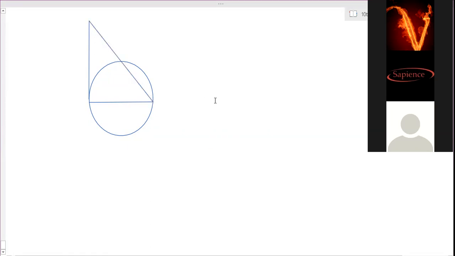This is the figure. AB is the diameter. This is the center O.